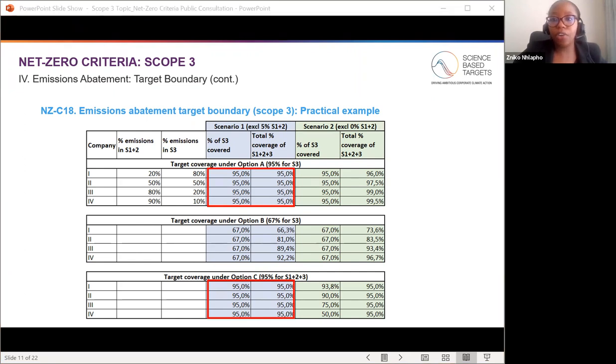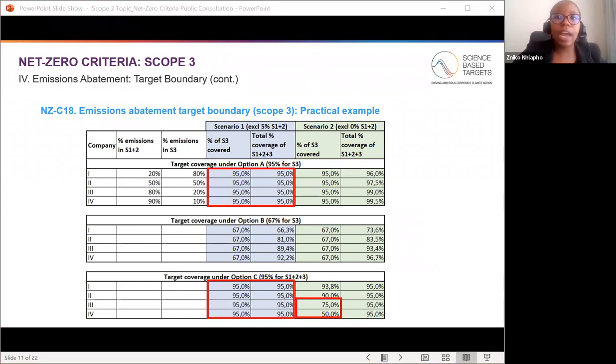Then for scenario 2, version C offers a bit more flexibility, as we mentioned earlier, with a lower proportion of emissions in scope 3. This is specifically an example that can be seen for companies III and IV in terms of the scope 3 emissions that they need to cover, as you'll see with the red block that's been highlighted now.